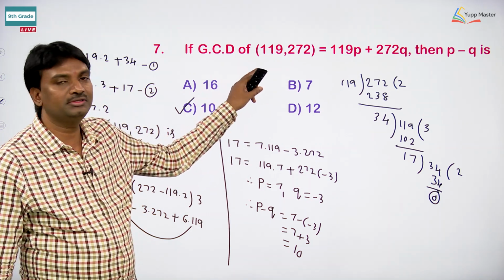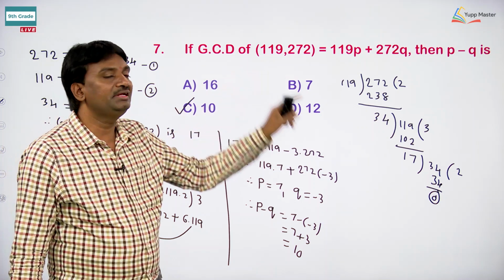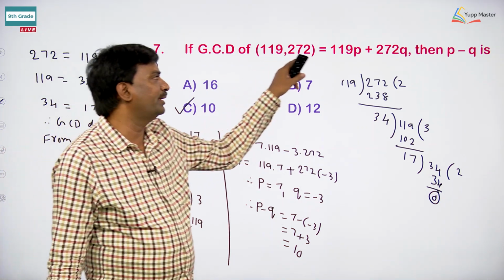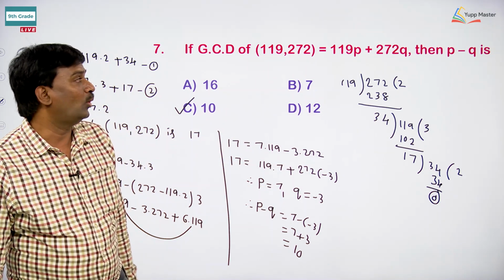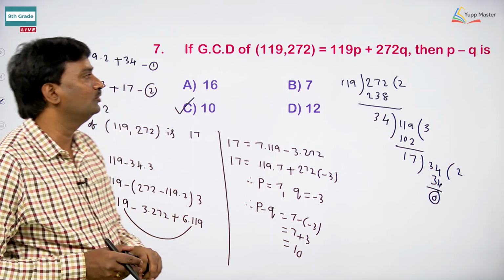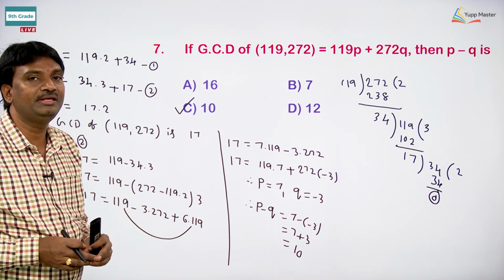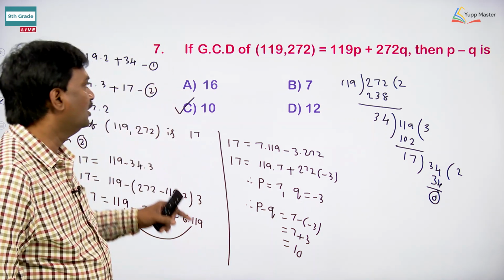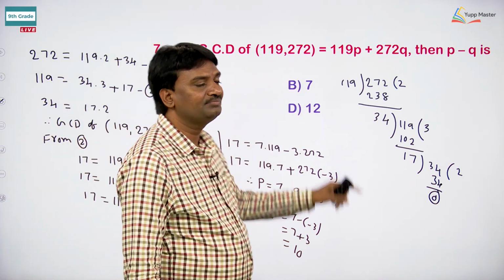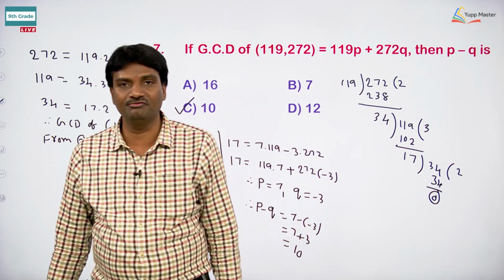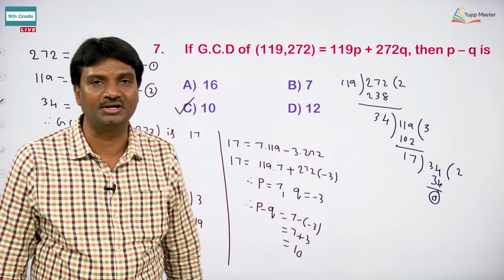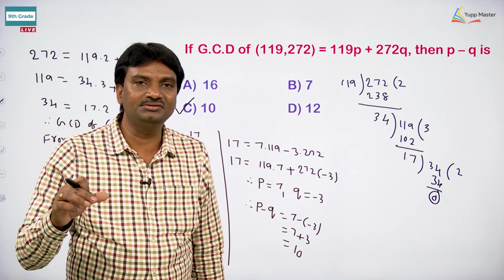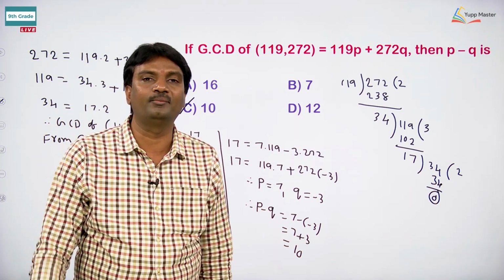Here, according to the problem, the GCD of 119 comma 272 is given as 119P plus 272Q. Then the value of P minus Q is? So here, first let us find the GCD or HCF of 119 comma 272. We know how to find the GCD or HCF of two or more numbers.